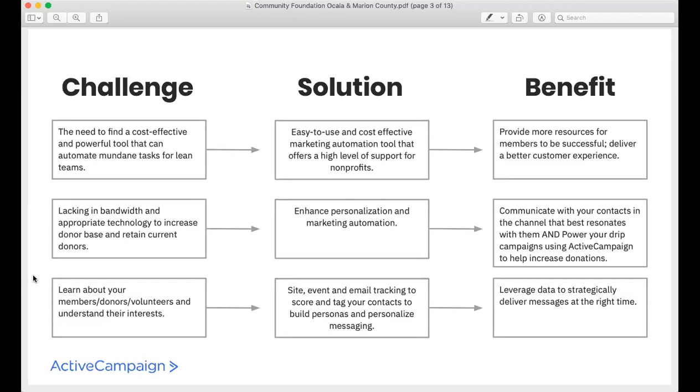A couple of other things that we're always looking to do is increase your donor base and retain your current donors, whether those are donors, your members, or your volunteers. How can we increase that engagement? And so through ActiveCampaign, we give you the tools to communicate with your contacts in the channel that best resonates with them, and use our drip campaigns to increase donations as well.